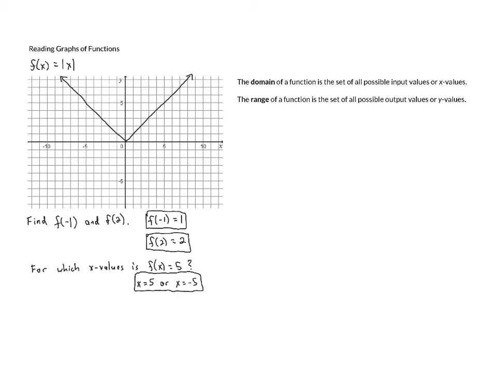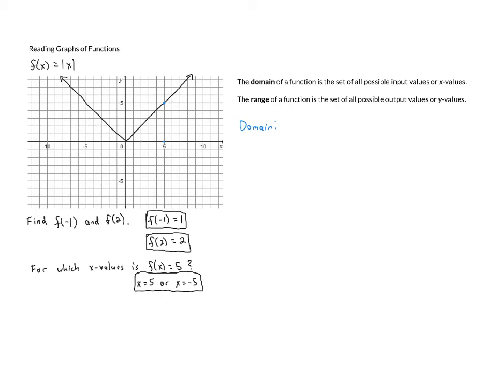We're going to start by looking at the domain. And we're going to do this all in blue just so that we're color coding things and you can see what's going on. So the domain is the set of all possible input values or x values. So for example, 5 is part of the domain because 5 is an input value that gives us a point on our function.